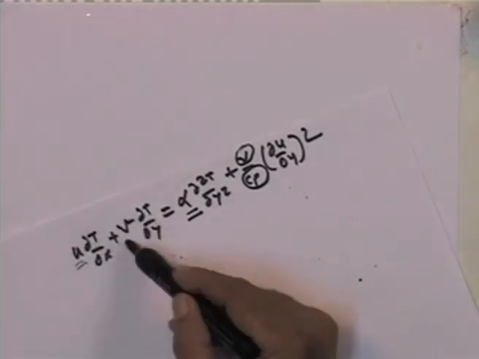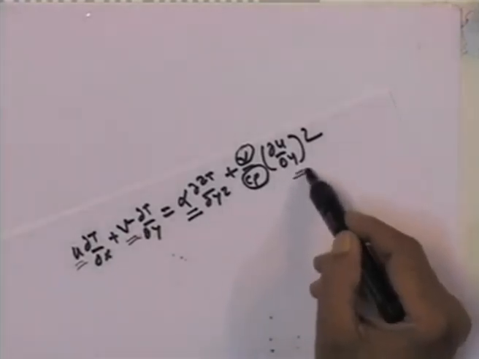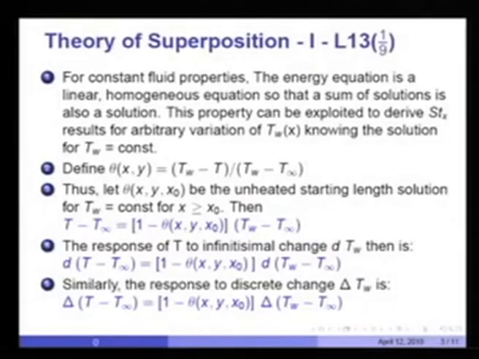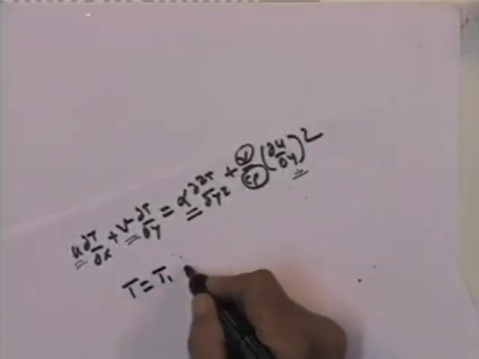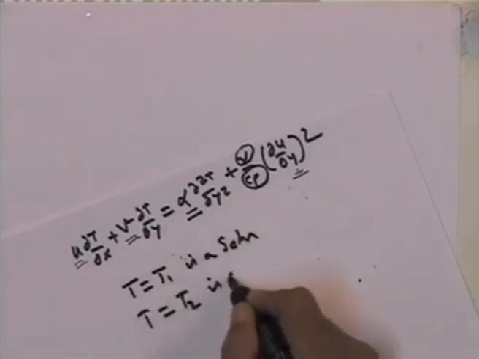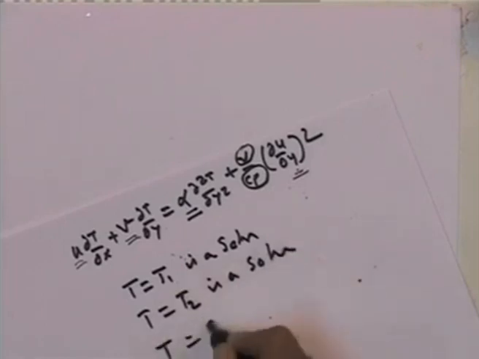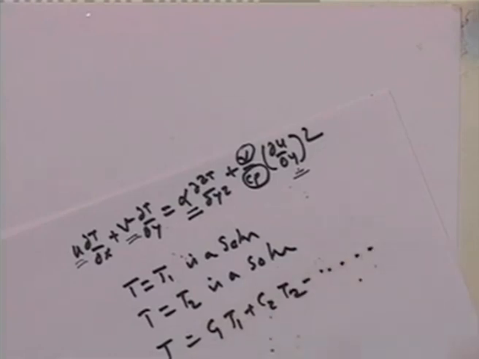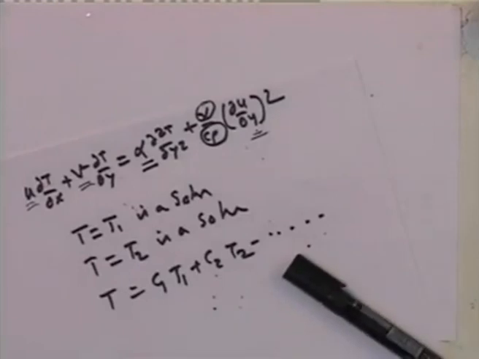So, even u, v and du by dy whole square are all given in the energy equation, and therefore, what remains is a simple homogeneous equation in temperature T. Such an equation is called a linear homogeneous equation, and in that, if T equal to T1 is a solution and T equal to T2 is a solution, then T equal to C1 T1 plus C2 T2 and so on and so forth is also a solution. So, the sum of the solutions is also a solution.